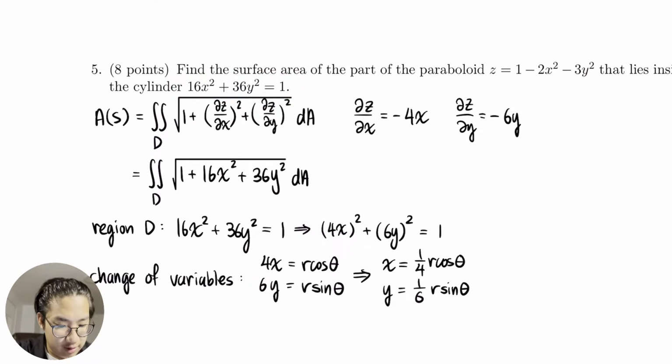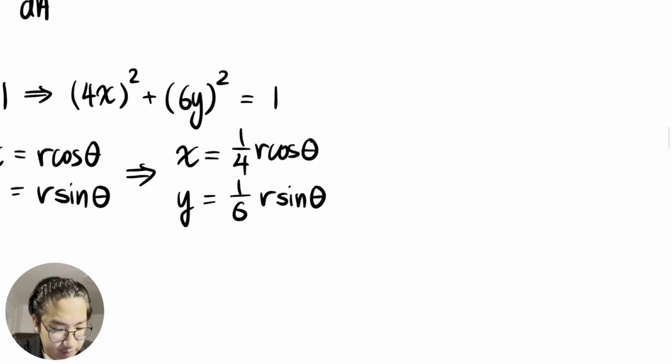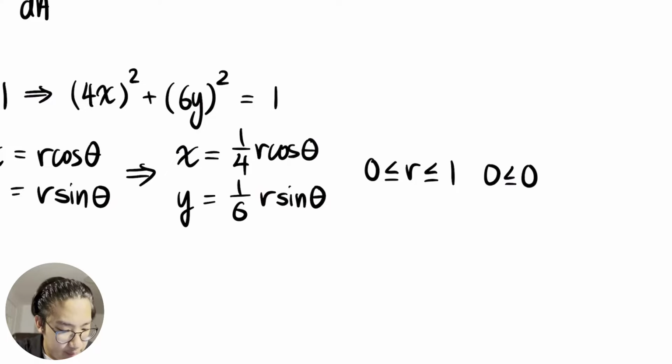The radius here is now just a circle of radius 1, and theta just goes between 0 and 2 pi. So r, again, just goes between 0 and 1. Theta, on the other hand, goes between 0 and 2 pi.